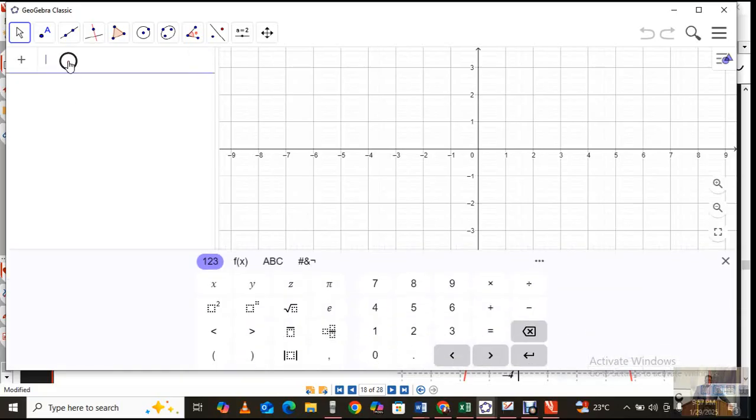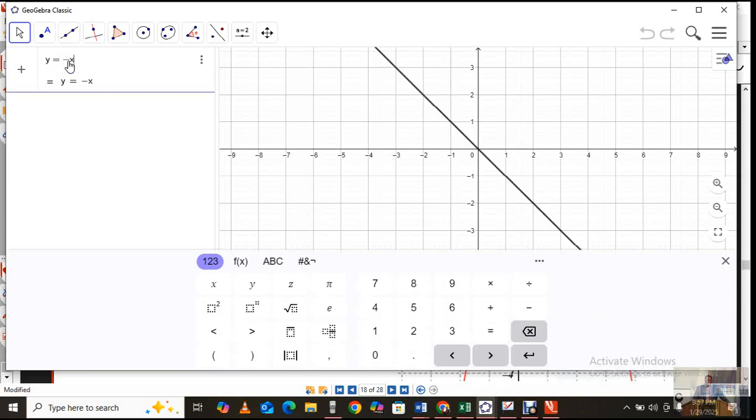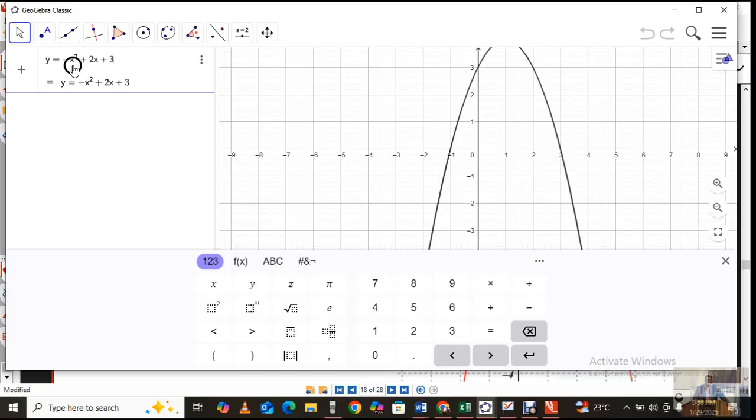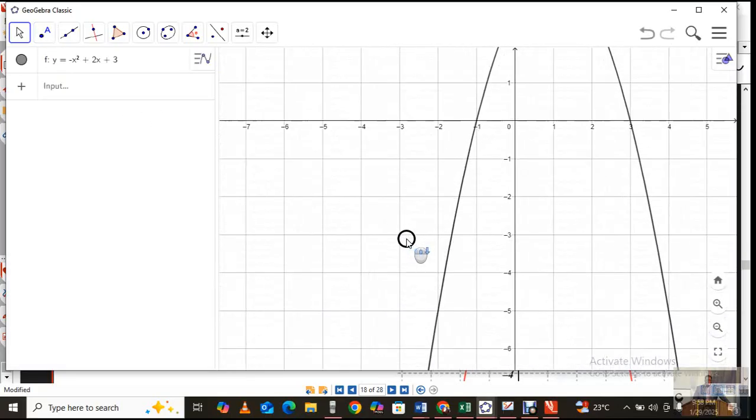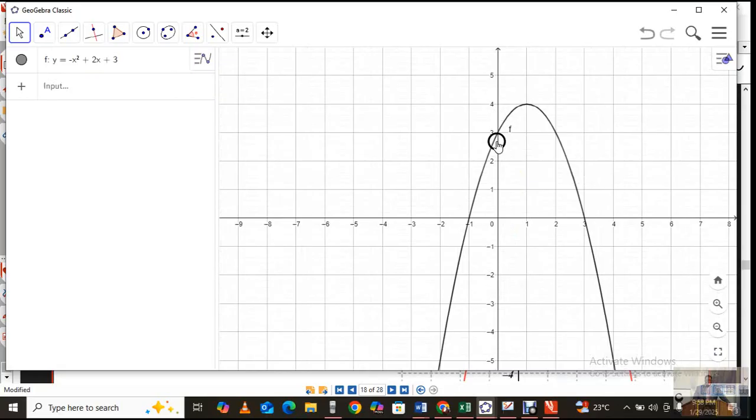Okay. Our graph was y equals to minus x squared plus 2x, then plus 3. That's our graph. Okay. This is our graph. You can see it.